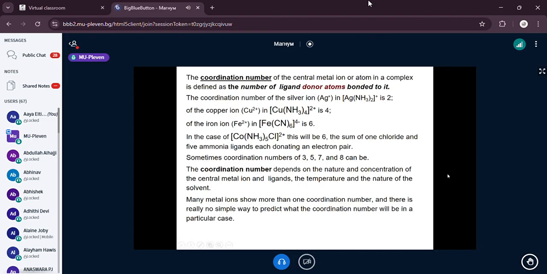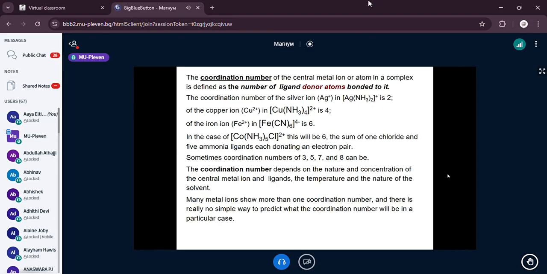Usually, in most cases, coordination numbers of different metals are 6 or 4. Sometimes coordination numbers of 3, 5, 7, 8 can be found. We cannot predict the coordination number because the coordination number of central metal ions depends on many things.